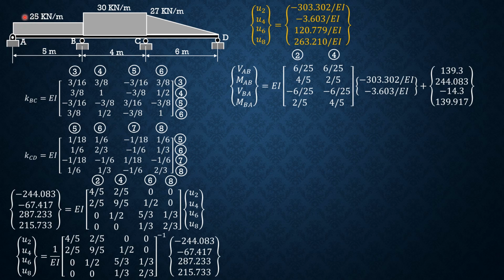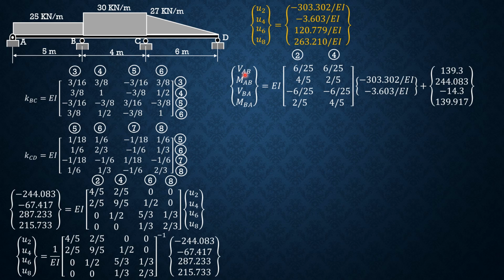Fixed moment AB is positive, the positive of this value, because this is the nodal global force, which is clockwise, and the fixed force is counterclockwise, so that's why it's positive here. Then negative 14.3 for FB left, and 139.917 for the value here, because I assumed clockwise, but it was negative, so it is counterclockwise, so positive 139.917.